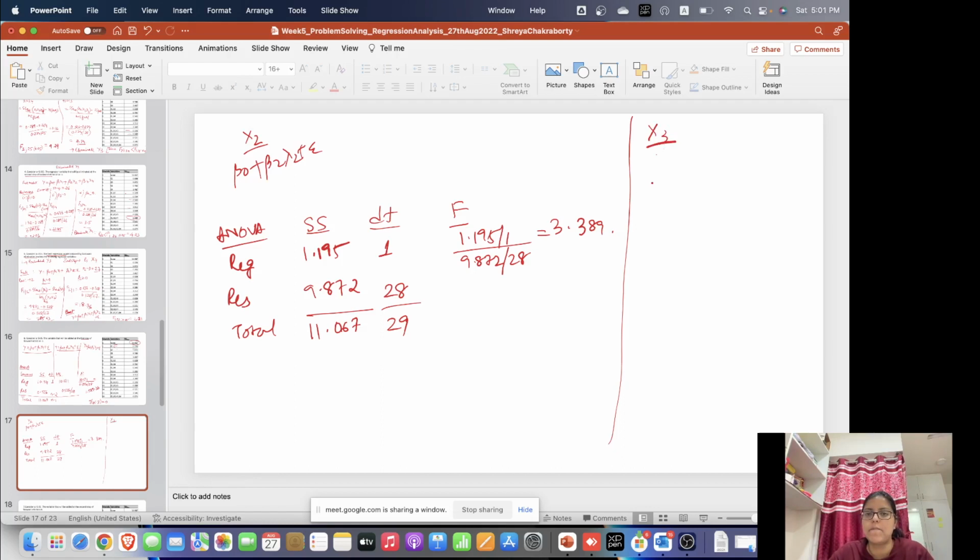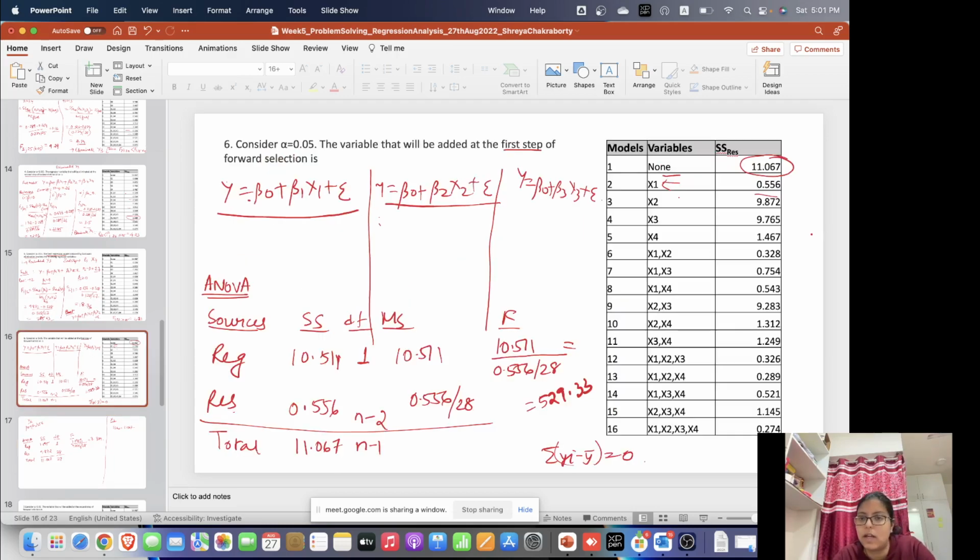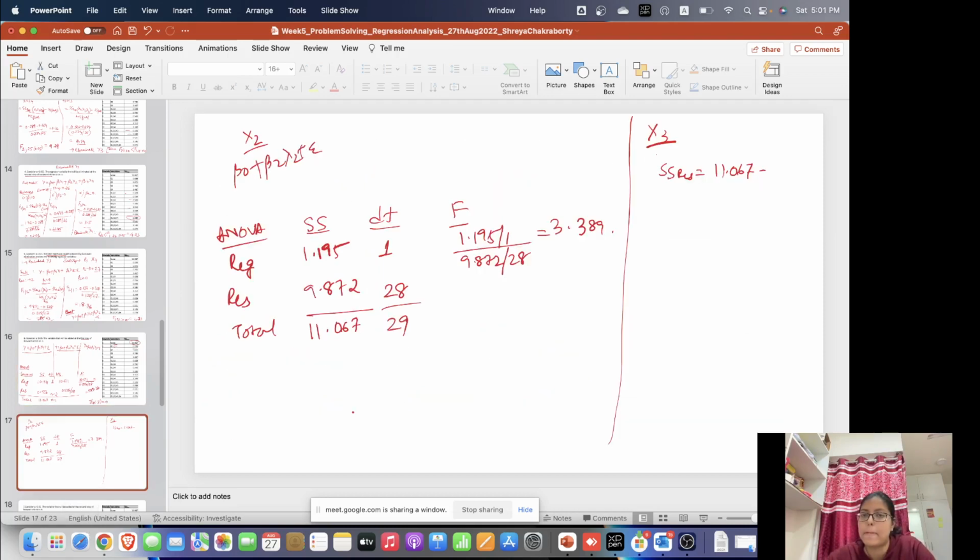And again, similarly, if we fit x3, then these totals would change. So the SS due to regression would be 11.067 minus the value due to x3, that is this one, 9.765, so 9.765 by 1 over the residual by 28. How much is it coming to? This is coming to something around 3.73.